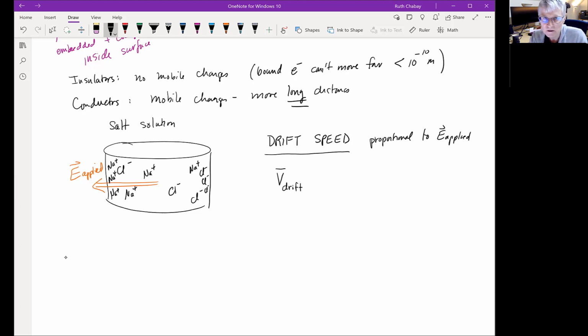Right now we're writing a scalar equation. So this means average. That's a notation for average. So the drift speed depends on the magnitude of the net field at the location of a charged object. And the proportionality constant is called the mobility.